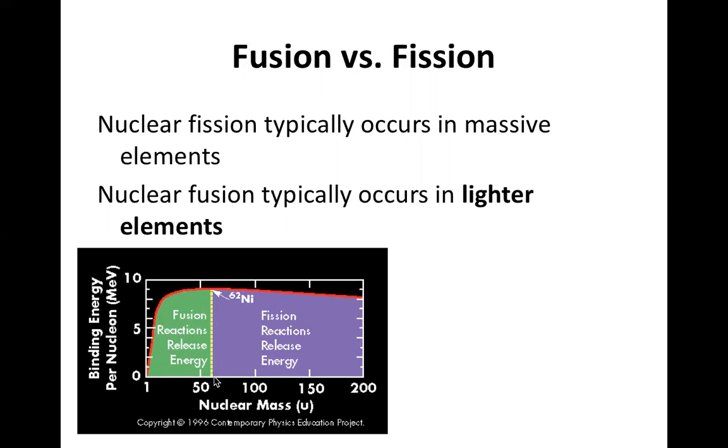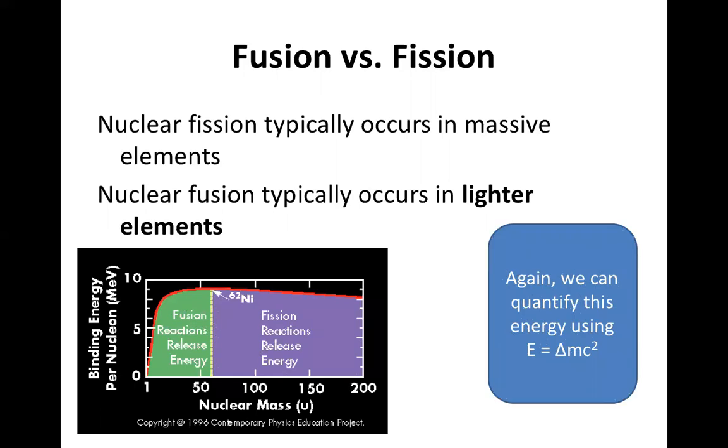And then after that point, I guess nickel is the point, anything larger is more likely to have fission. Again, we can quantify this energy using E equals mc squared. So this was binding energy versus nuclear mass.